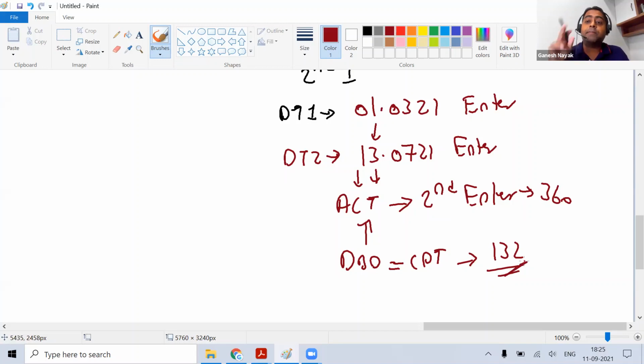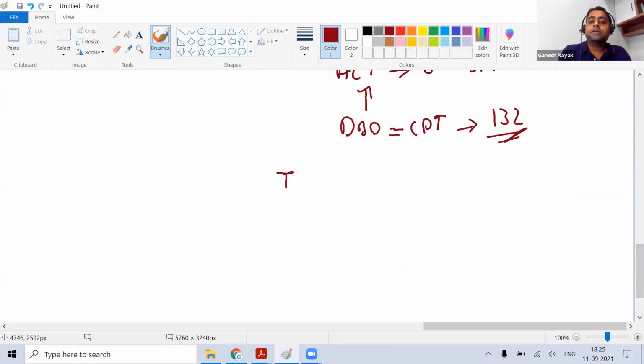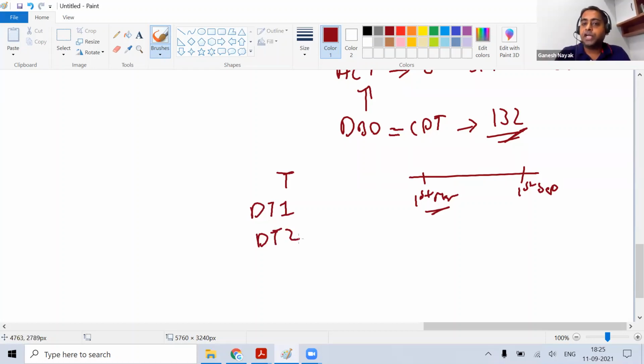Now we want to find the bigger t. What is the date that we had? We had 1st March to 1st September. See, the 1st March is already there in your calculator in DT1, so you don't have to do anything for DT1. Directly go to DT2. Press up and reach DT2. And you will have to press 01.0921.